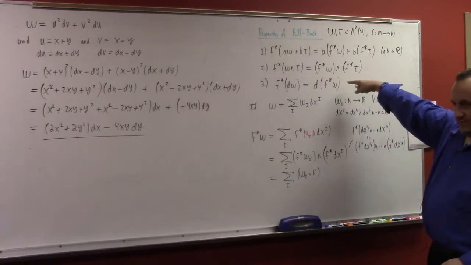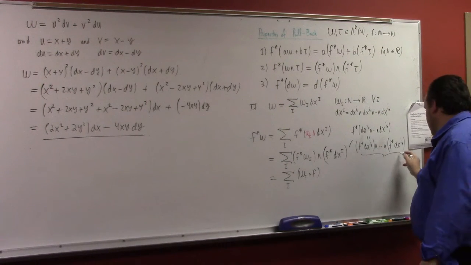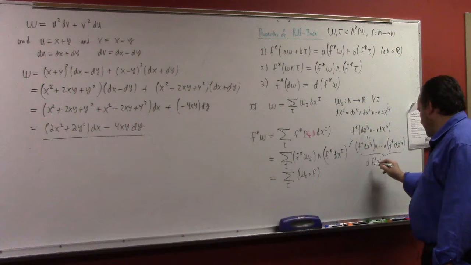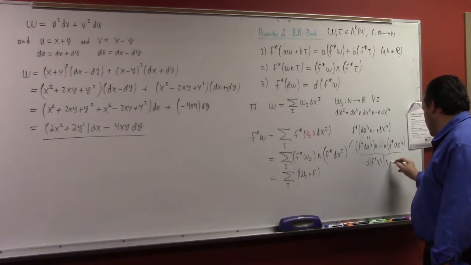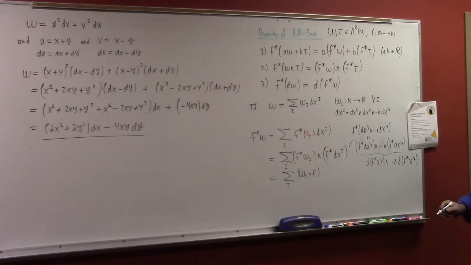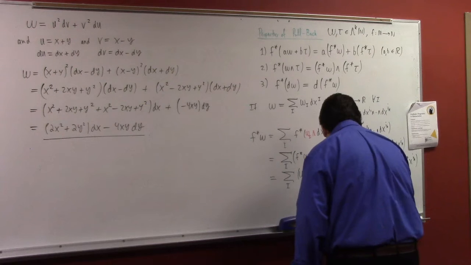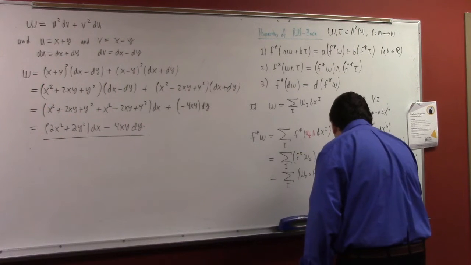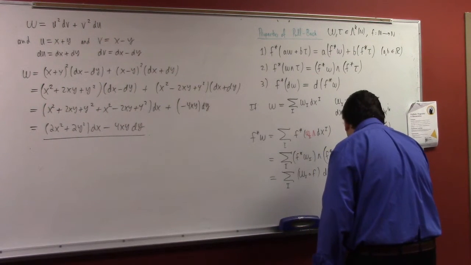And then I apply property 3. And see, this is the differential of the pullback of xi1 wedge, wedge differential of the pullback of xik. And, well, there you go.